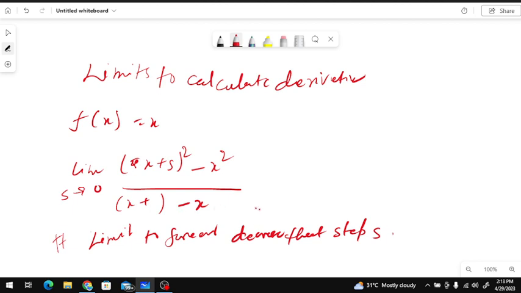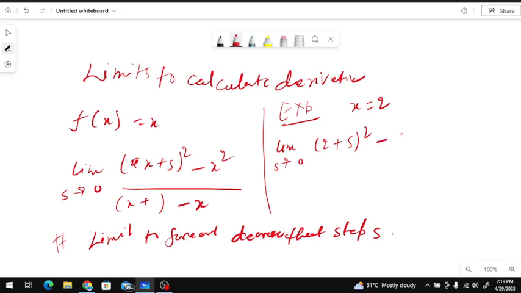Let's see an example. We are interested in the slope where x equals 2, so we can write the limit s tends to 0 of ((2 plus s) squared minus 2 squared) divided by ((2 plus s) minus 2).